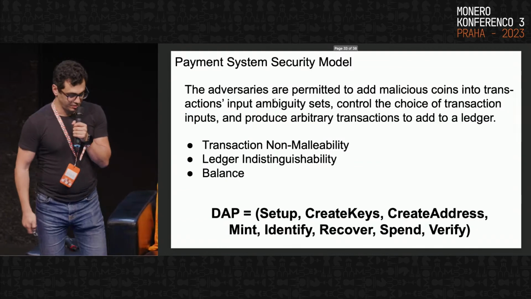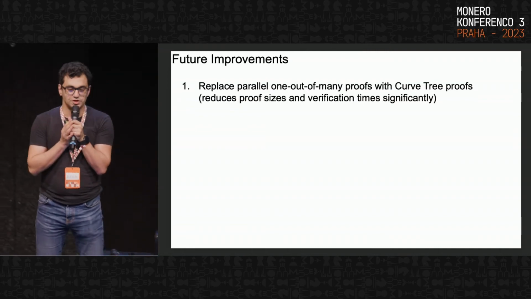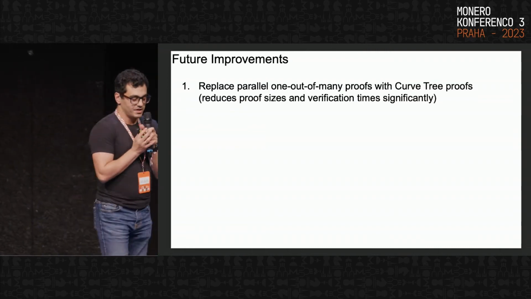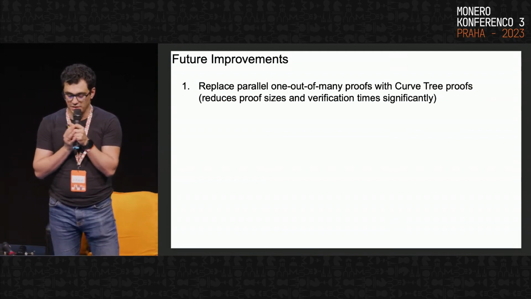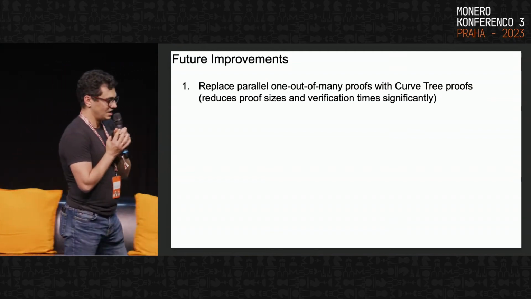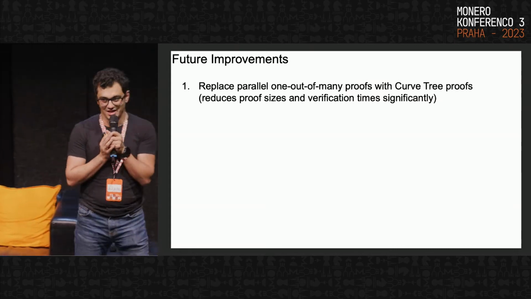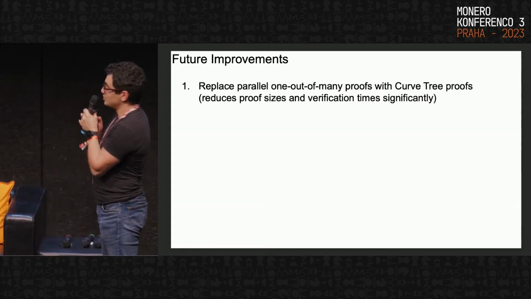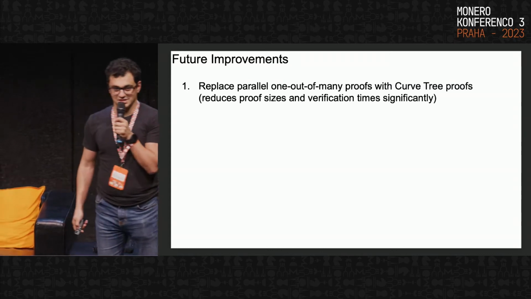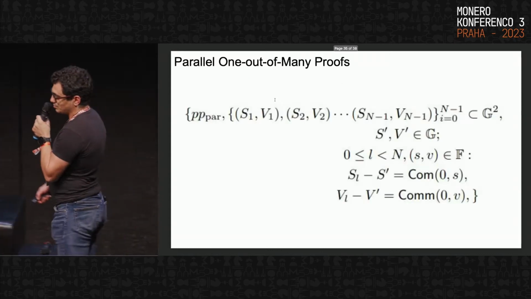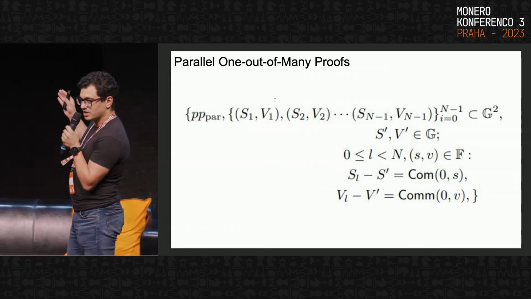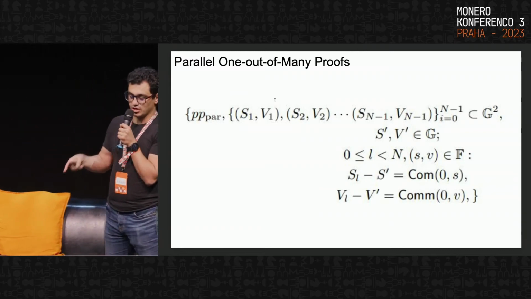This is about Spark, and regarding future improvements, we are now looking to replace the membership proofs with more efficient and innovative membership proofs called curve trees, as was discussed yesterday by Gottfried. The heaviest part of a Spark transaction remains these parallel one-out-of-many proofs.